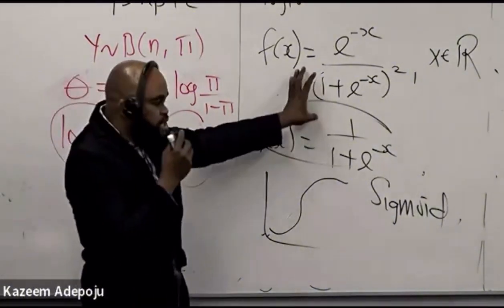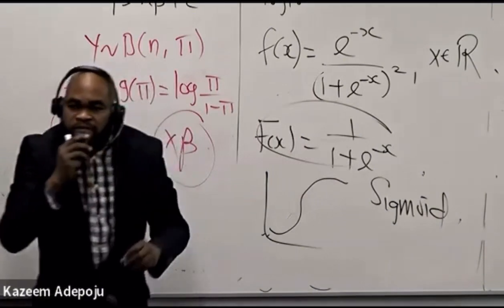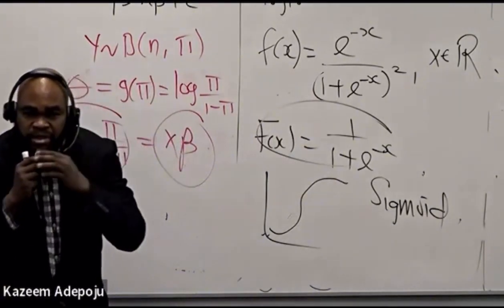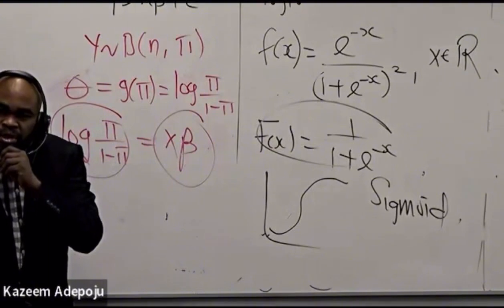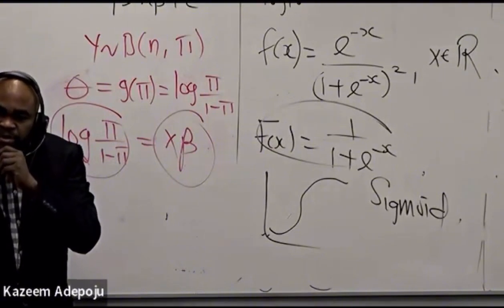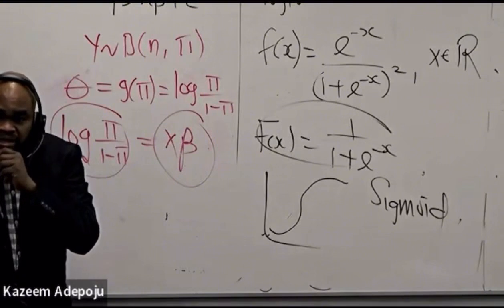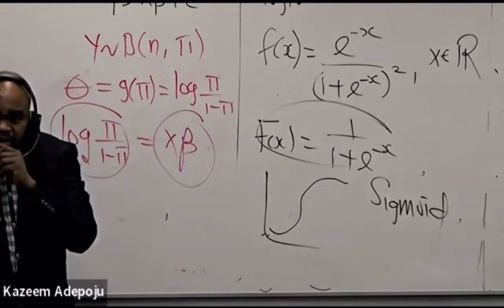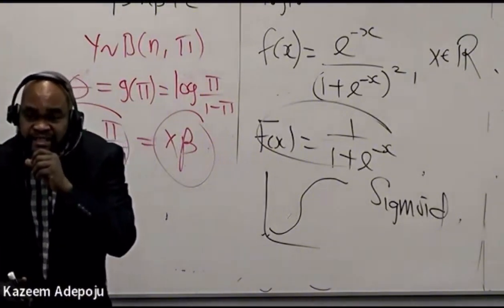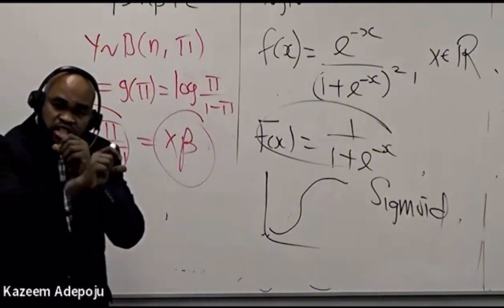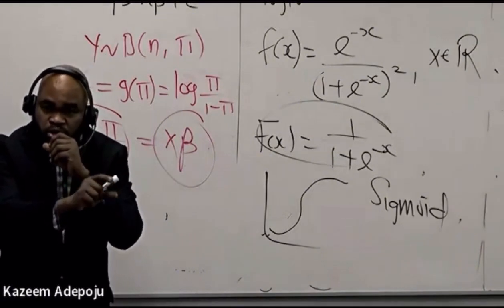The essence of this is to convert. Let me tell you this. Initially, the variable was categorical, and when you have a categorical response, the linearity assumption fails. The categorical response is not expected to be linearly related to the systematic component. But what do we need to do? We need to convert the probability range to a continuous scale.